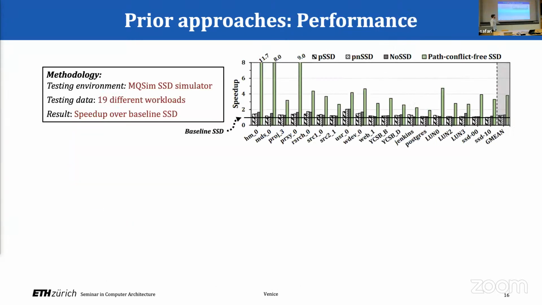When looking at all the prior approaches, it's interesting to see how they perform when looking at the speedup over the baseline SSD. We compare with a path conflict-free SSD, which is an SSD that has a separate channel from every flash chip to every flash controller, which reduces the path conflicts to 0 since every flash chip has a separate channel.